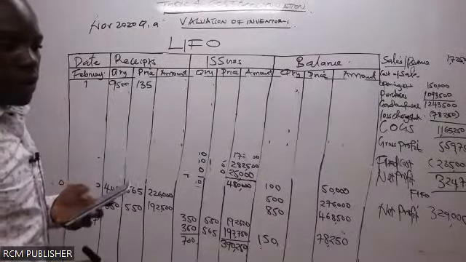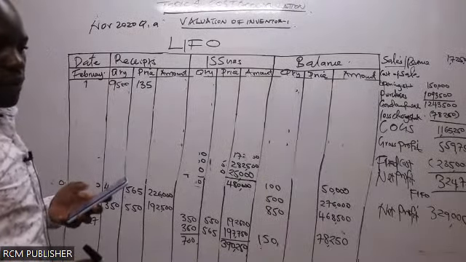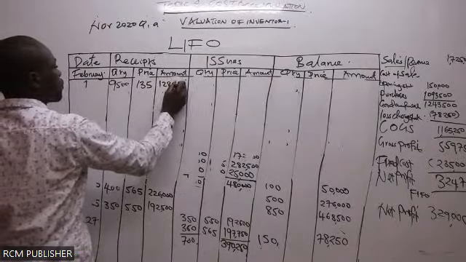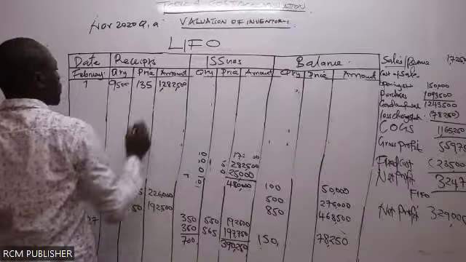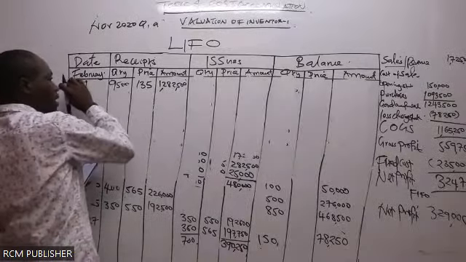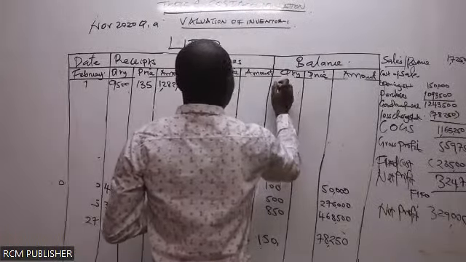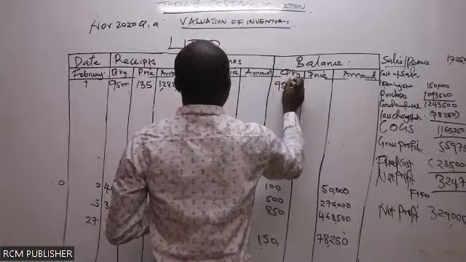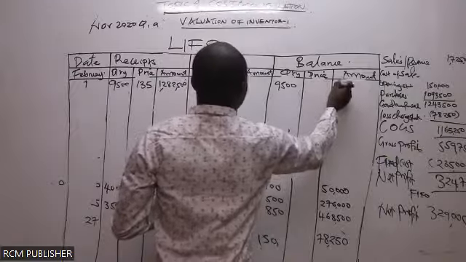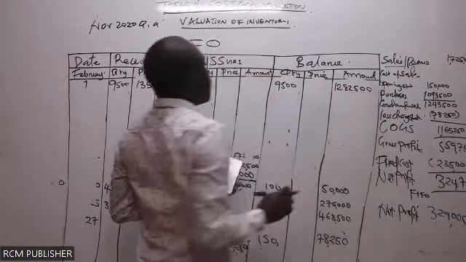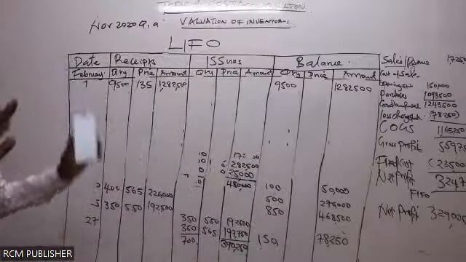We have 1,282,500. That's what we transfer. You first of all complete that transaction. It is there in the store. 9,500 at 1,282,500. You are through with the opening stock.